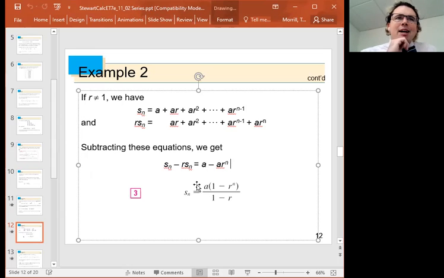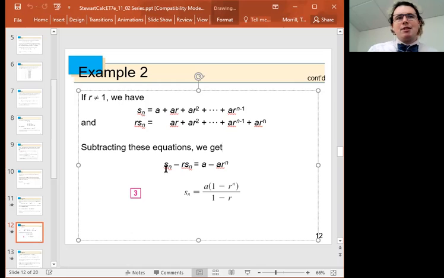Okay, well, if I multiplied that whole sum by R, I can just distribute through. I know how to distribute through for finite sums. Then it would just kind of shift over, wouldn't it? I'd get A times R squared, and so on. And I get this A times R to the power n. So let me subtract one of those from the other.